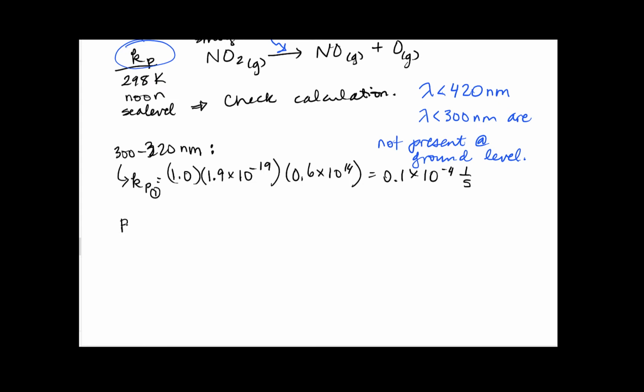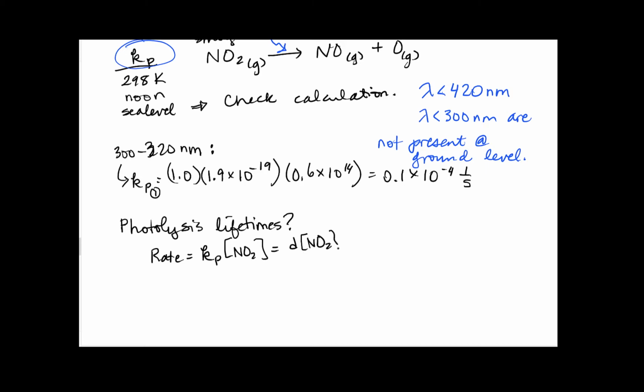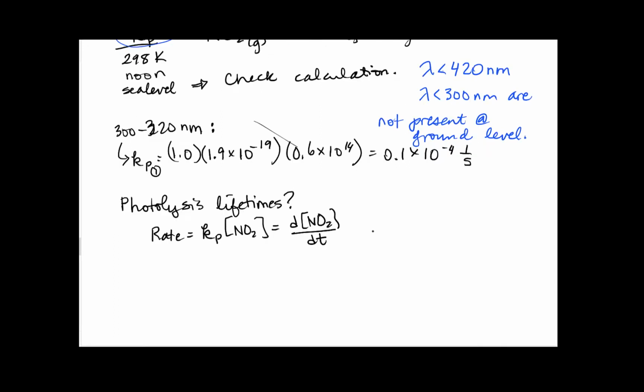So how do we figure out photolysis lifetimes? How long do we reasonably expect molecules of this kind to persist? If we remember our rate constant, we would write that the reaction rate is equal to the photolysis constant times the concentration of NO2, and this is the change in NO2 with time. I'm going to refer you again to the kinetics review section.